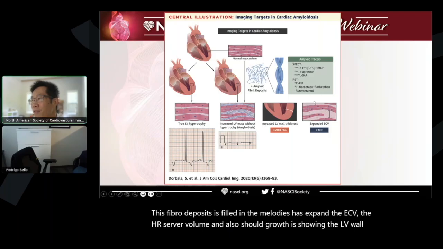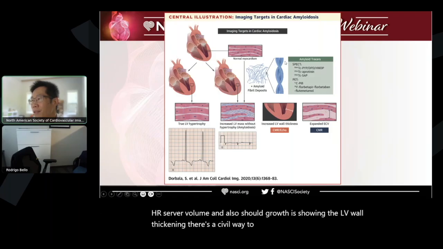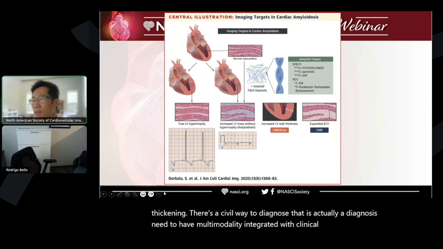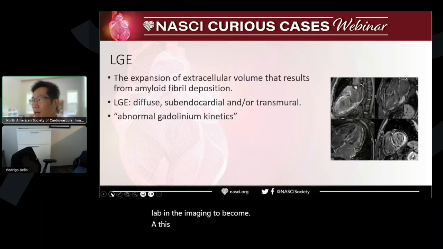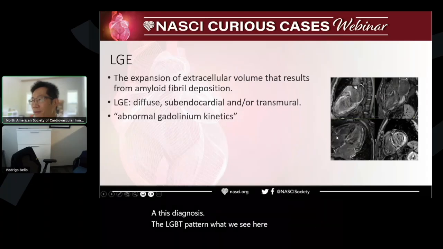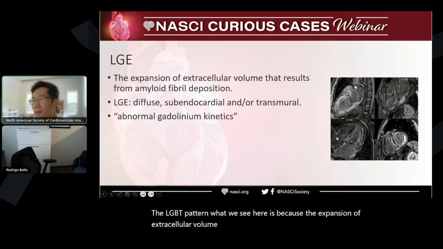There are several ways to diagnose that. The diagnosis actually needs multimodality integration of clinical information, lab, and imaging. The LGE pattern we see here is because of the expansion of the extracellular volume as a result of the amyloid fibril deposition.